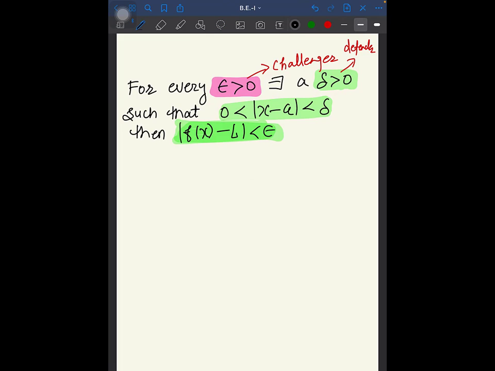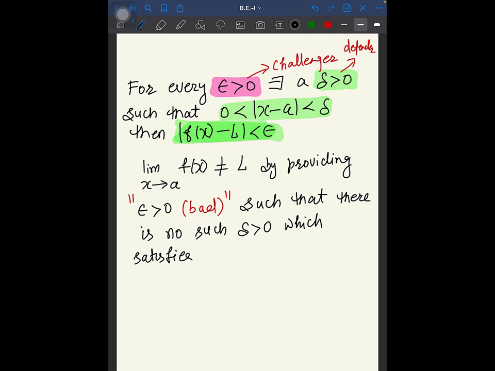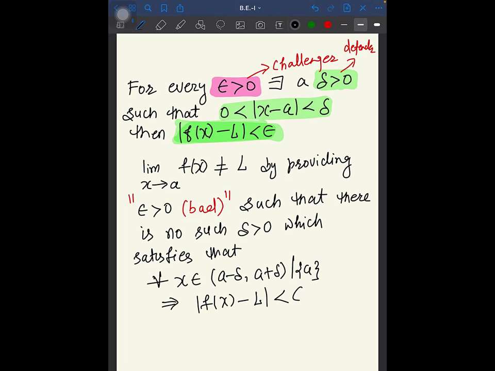So when the limit does not exist, how do we write the proper definition of that? We say that the limit as x goes to a of f of x is not equal to L when there exists one such bad epsilon, such that there is no positive delta which satisfies that for all x belonging to a minus delta to a plus delta except a, it implies the absolute value of f of x minus L is less than epsilon.